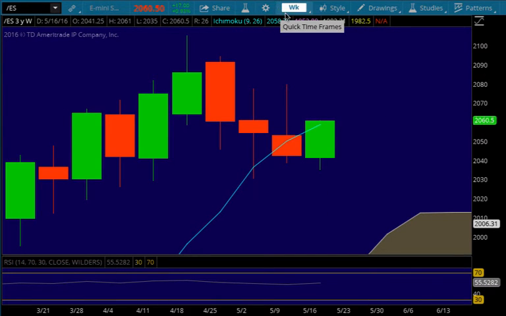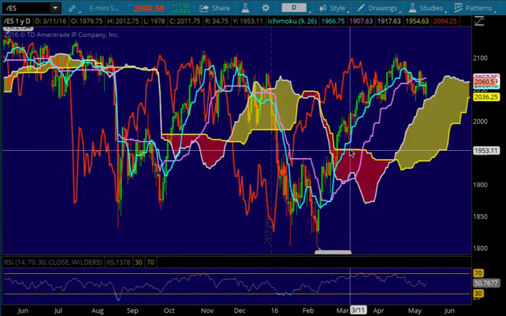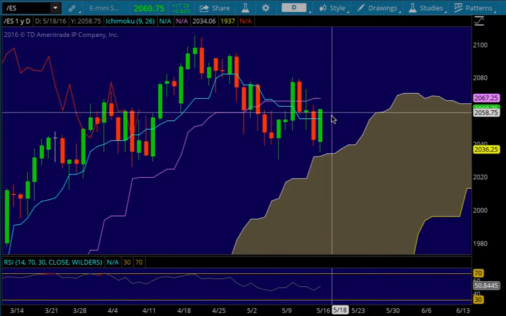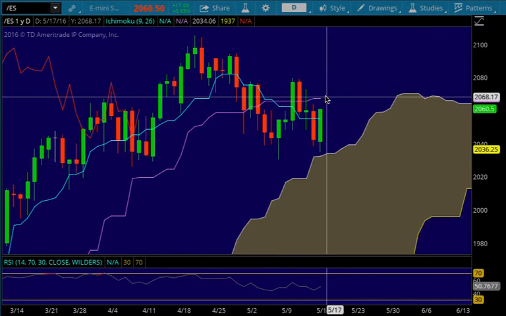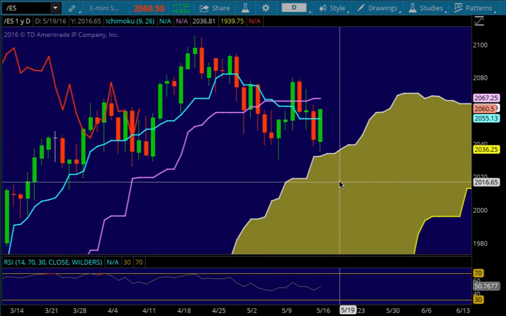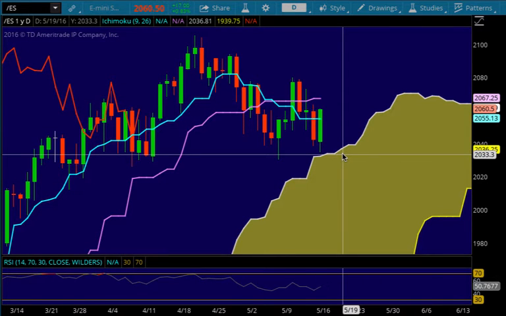So I'm going to go to the next lower time frame chart, the daily, see if we can look for some other levels. So if we're looking at the daily chart, we see that we do have that bear cross Kijun-sen over Tenkan-sen here too. And if price continues to move higher on this time frame, it will find resistance at the Kijun-sen up here at 2067.25.